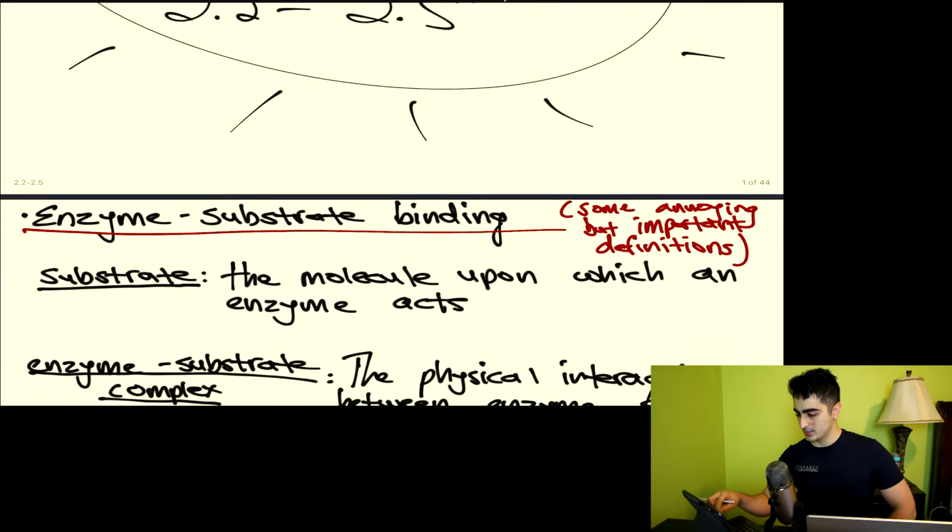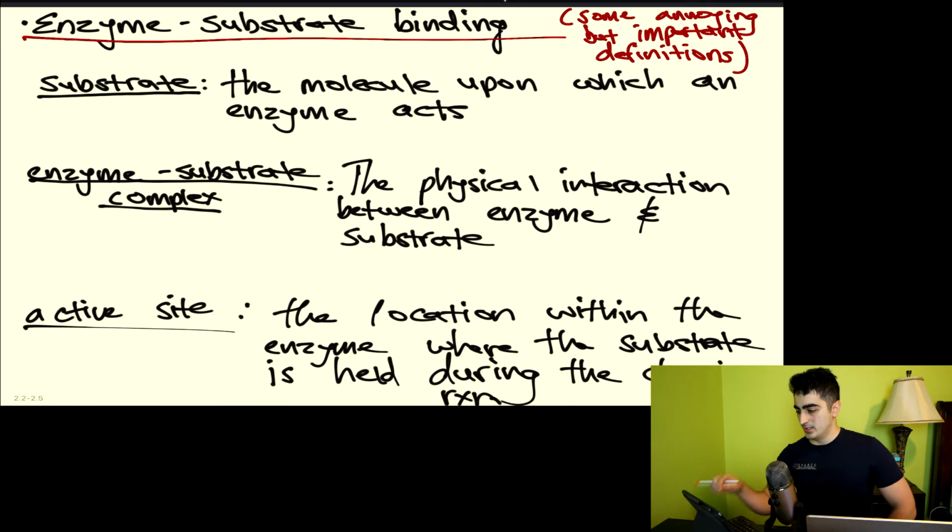We got enzymes. So to begin with, we have to talk about the enzyme substrate binding. So what is an enzyme and what is a substrate? So a substrate is the molecule upon which an enzyme acts. That's pretty much all there is. It's like the thing that goes into an enzyme and the enzyme does this fancy chemical reaction.